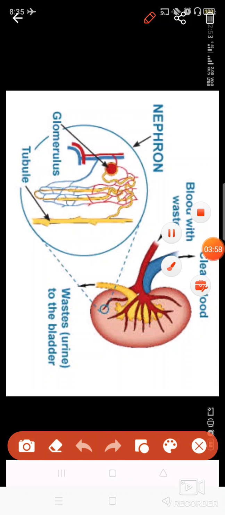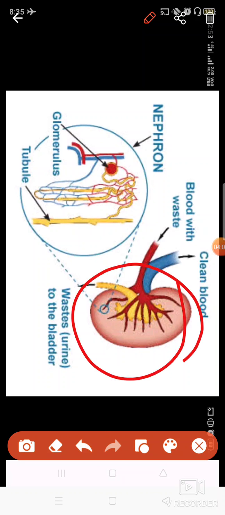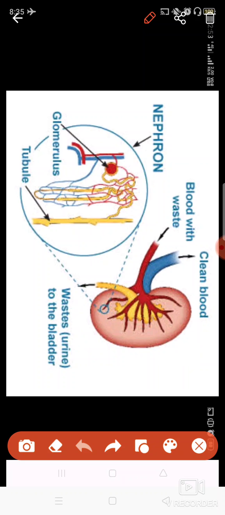This is the structure of the kidney, and it is supplied with the renal vein and renal arteries, which further branch into arterioles and venules. These are connected to form such a structure, which is known as a nephron.